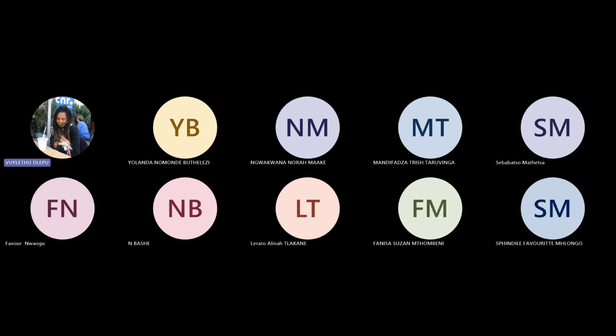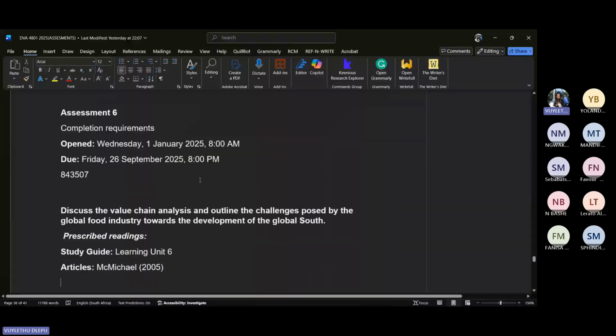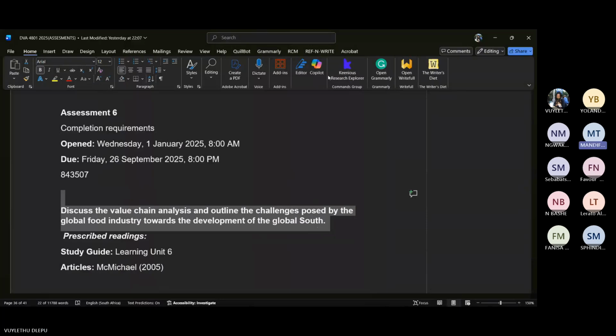You'll just let me know if you can see it. Assessments. Sharing the screen. Please let me know if you see it. Can you see the screen? It's now showing.